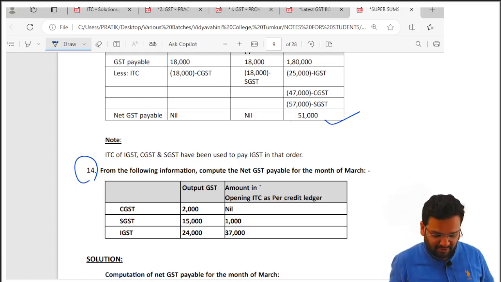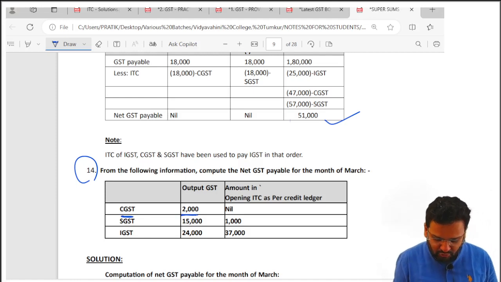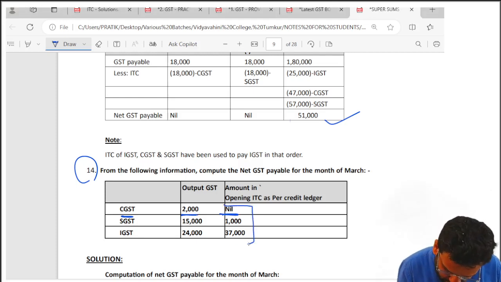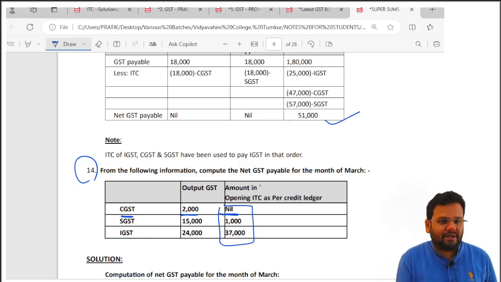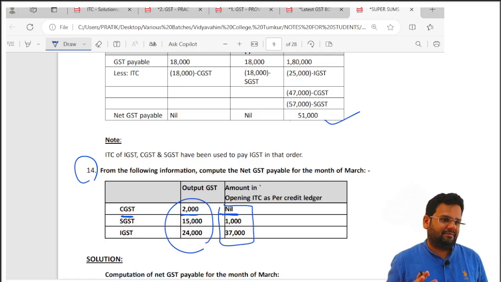Okay, now see this question. There is an output tax of CGST of 2000, but the amount in opening ITC as per e-credit is nil. In short, these are all ITCs of CGST, SGST and IGST respectively, and these are all output tax.